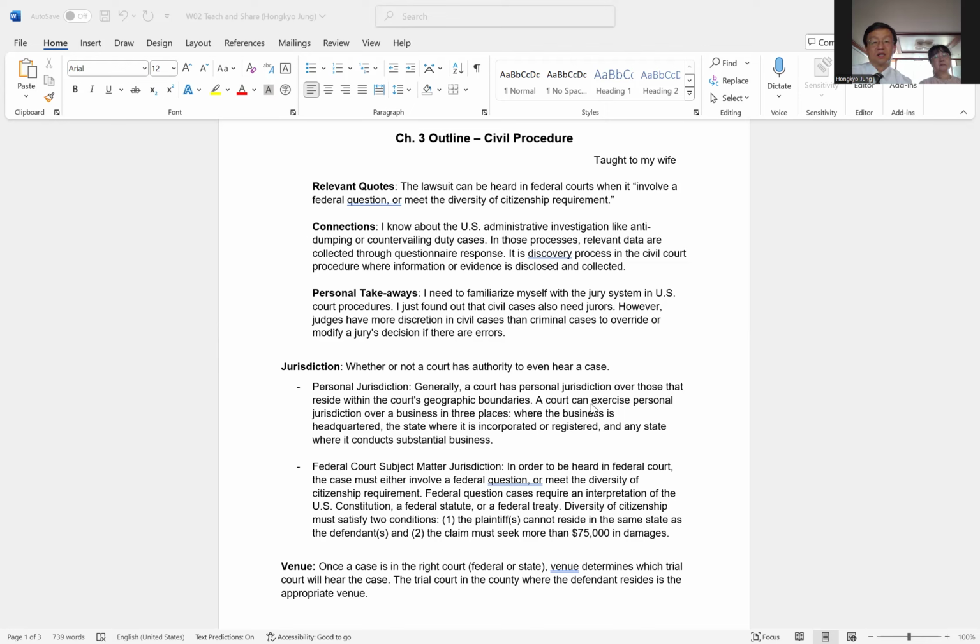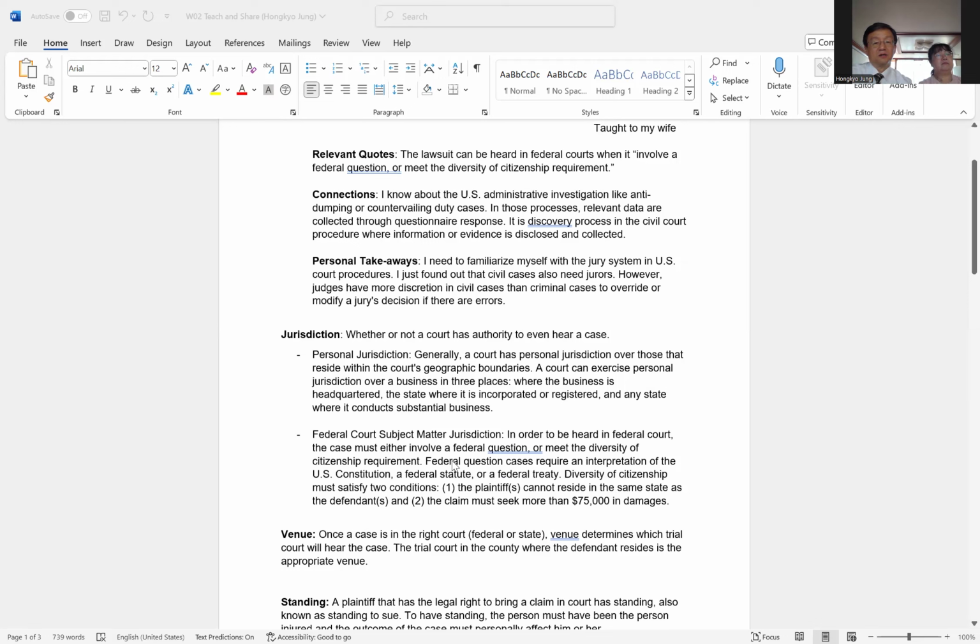The court can exercise personal jurisdiction over a business in three places: where the business is headquartered, the state where it is incorporated or registered, and any state where it conducts substantial business.